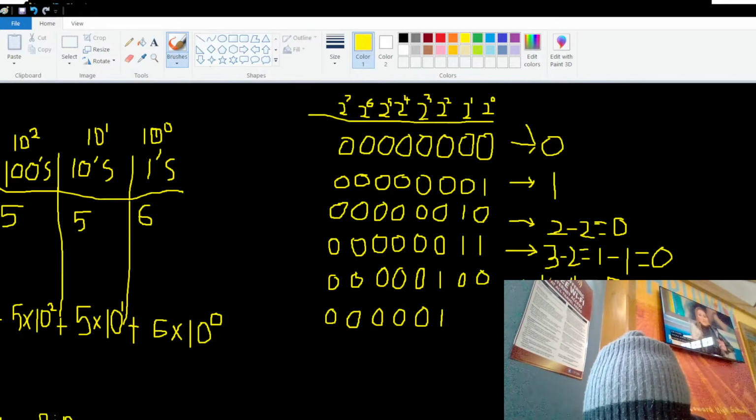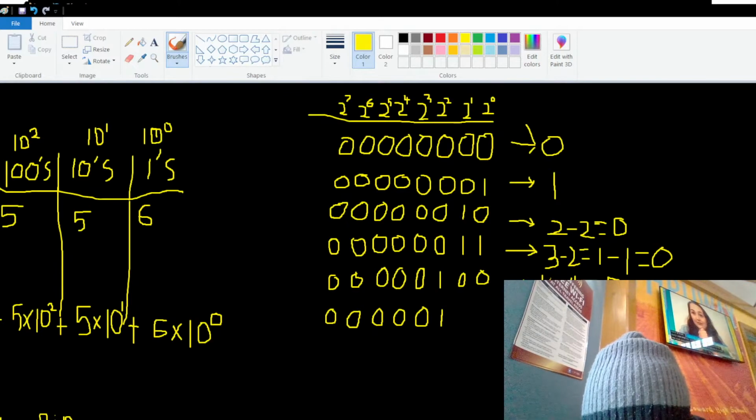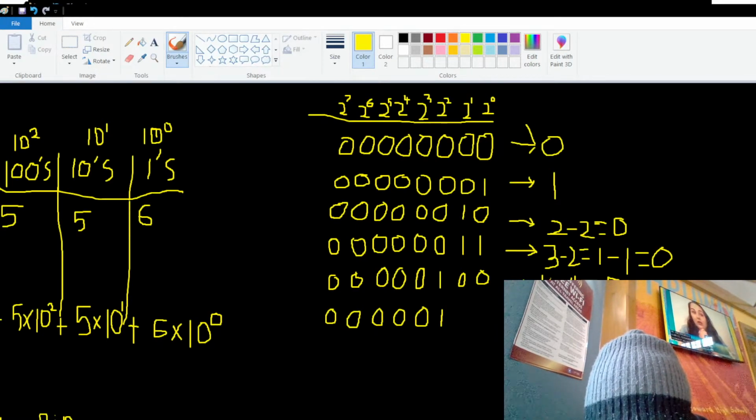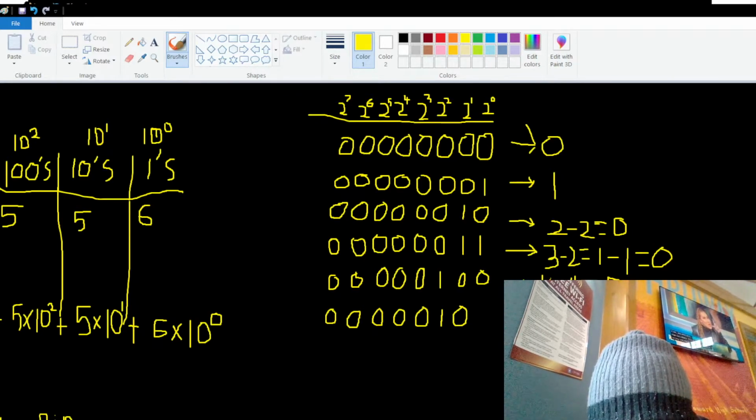So we're going to use a 4's place up. So what happens then, there's a 1 left. So 2 to the 1, that's 2. Does 2 go into whatever's left? Does 2 go into 1? No. 2 doesn't go into 1. Does 1 go into 1? Yes.